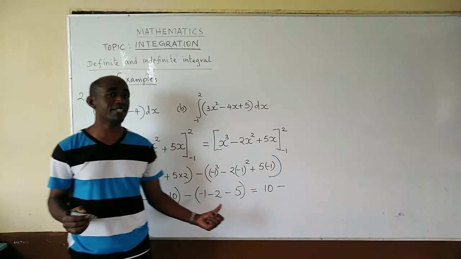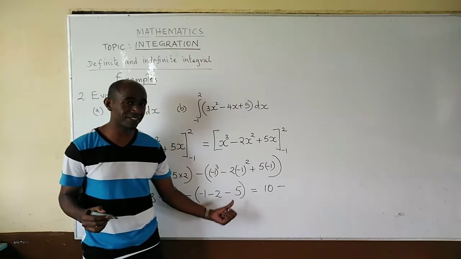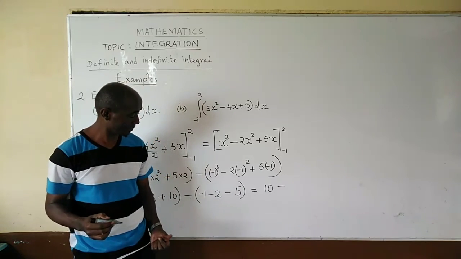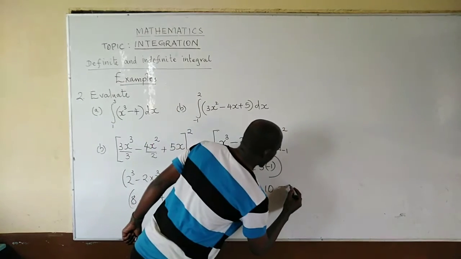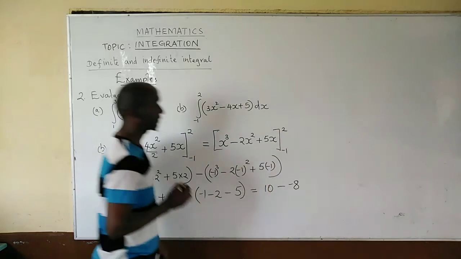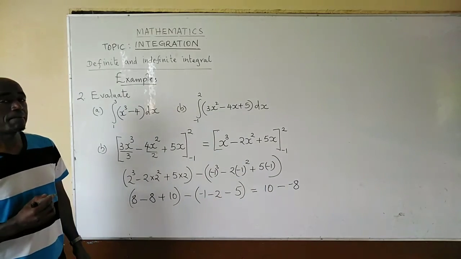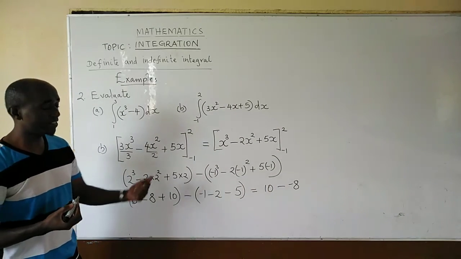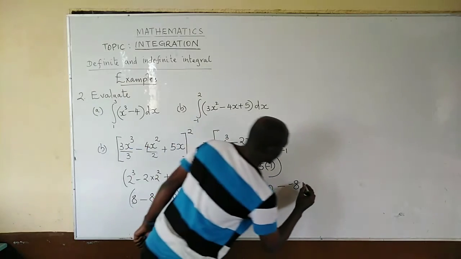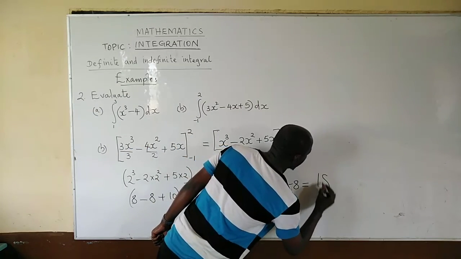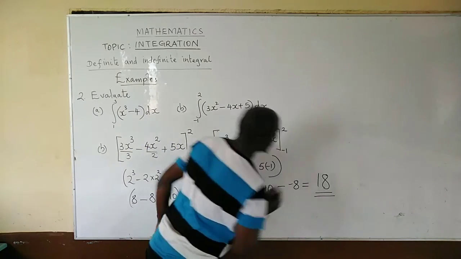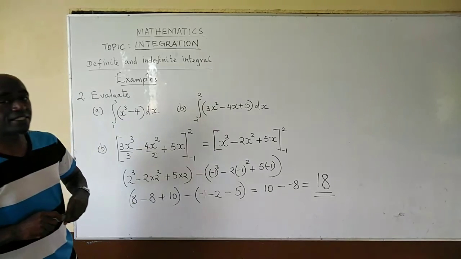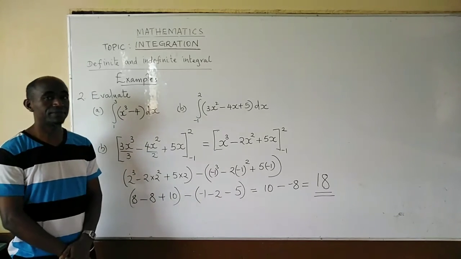Negative 1 minus 2 minus 5 is negative 8. So that is minus negative 8. So 10 minus negative 8 is the same as 10 plus 8, which is 18. So the final answer in this case is 18.